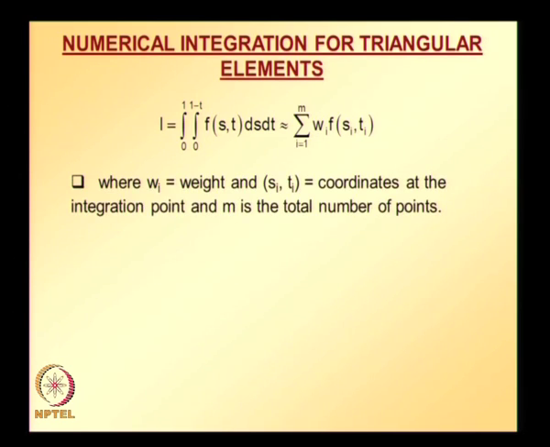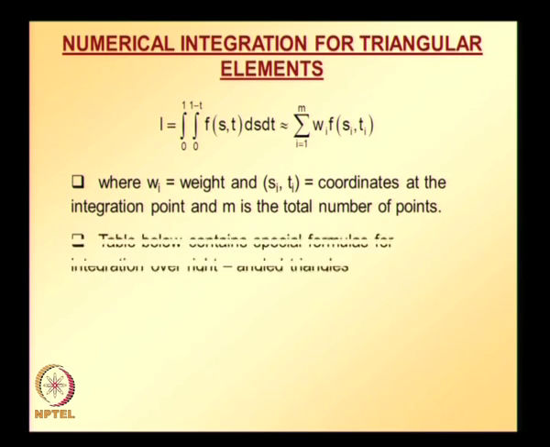Here Wi is the weight, Si, Tj are the coordinates of the integration points, m is the total number of points, and the table below shows the locations and the corresponding weights for integrating over a right angle triangle.